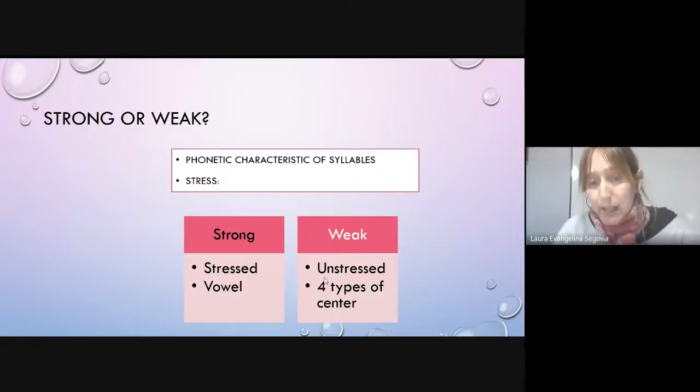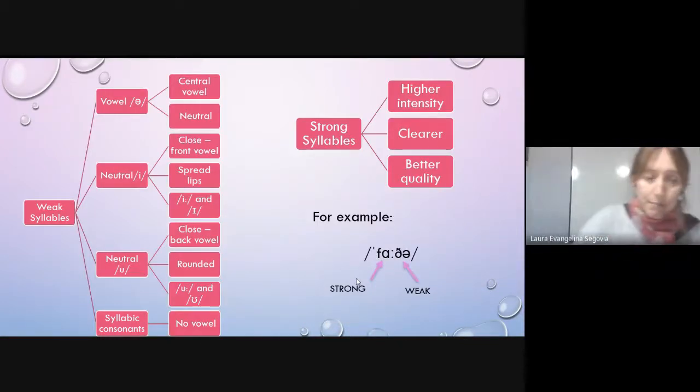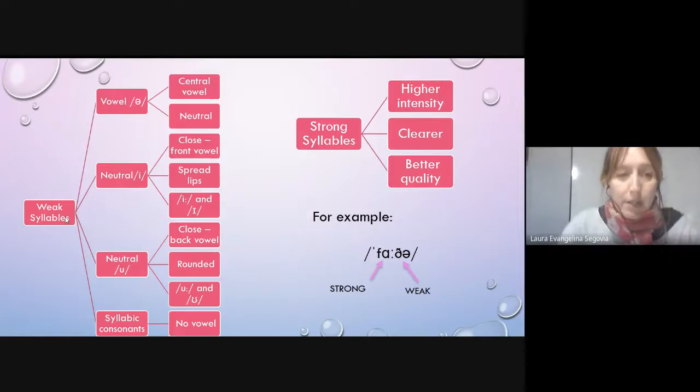Weak syllables, as I said, are always unstressed, and they have 4 types of centers. So the center of this syllable can be one of these 4. So let's see if we can clarify this. These are the 4 centers of the weak syllables. The vowel schwa, we have said that the schwa is, as we called it, the ill sister, because it's always weak.